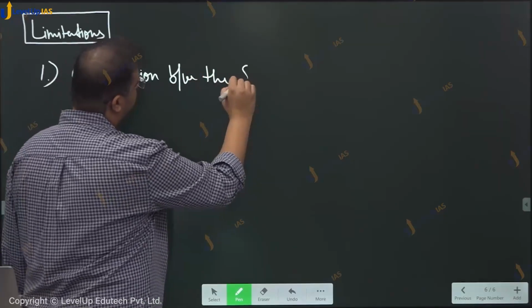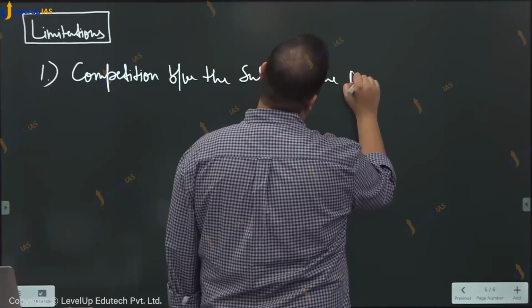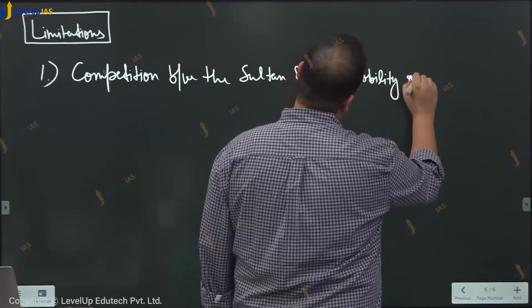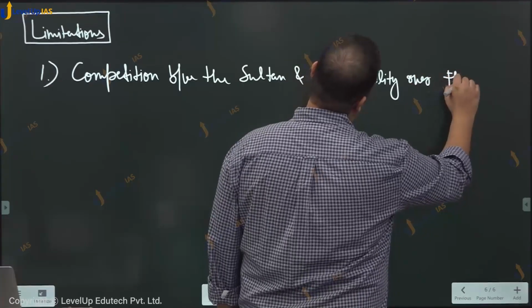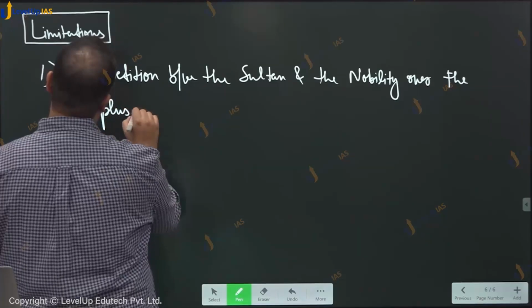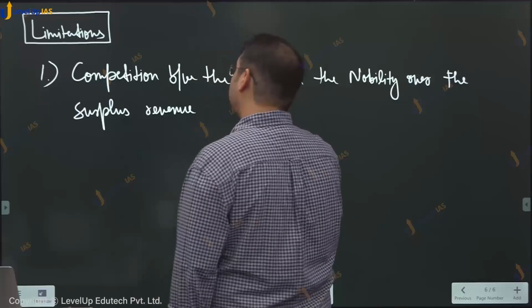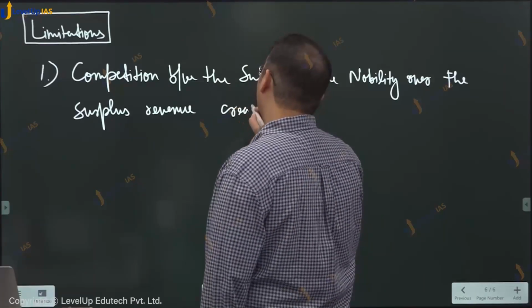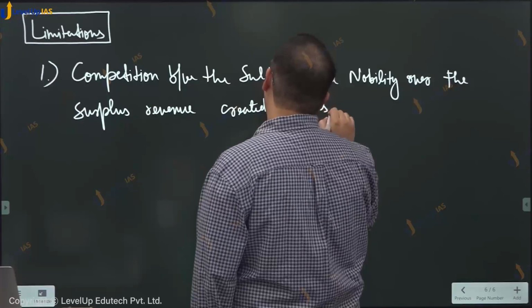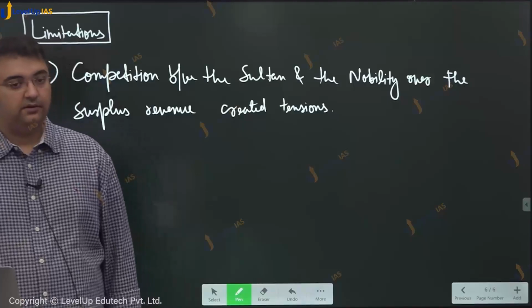between the Sultan and the nobility over the surplus revenue created tensions. ठीक है.